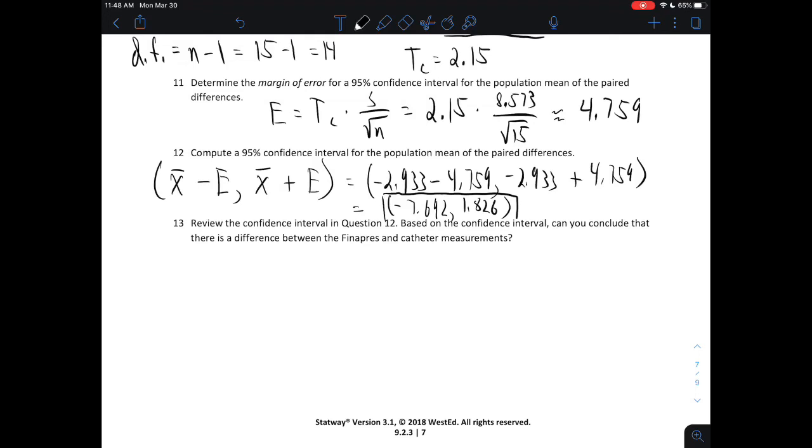What we can notice from our confidence interval in number 12 is that 0 is in the confidence interval. How do I know that? Because the lower number in the confidence interval is negative and the upper number is positive, so 0 is between those two. Since 0 is in the confidence interval, this indicates that there is no difference.